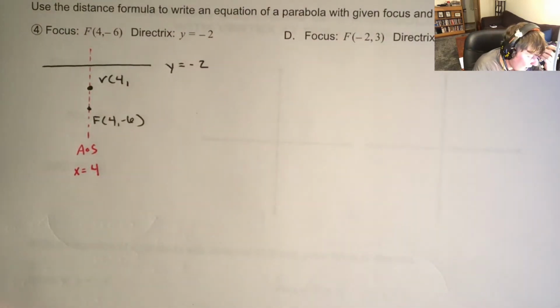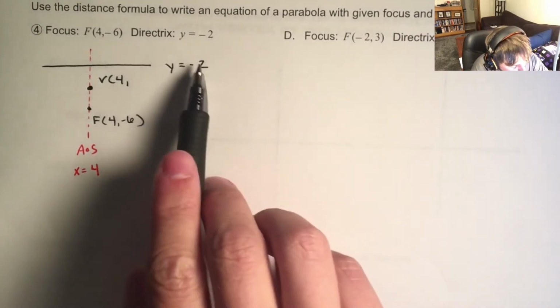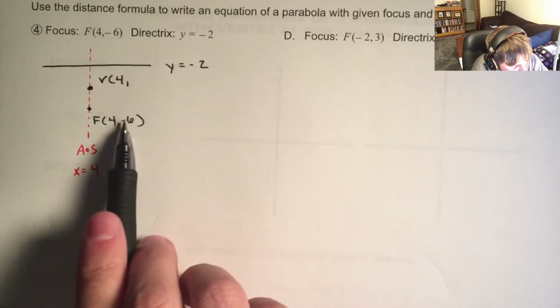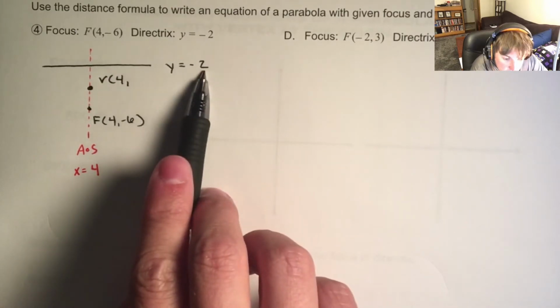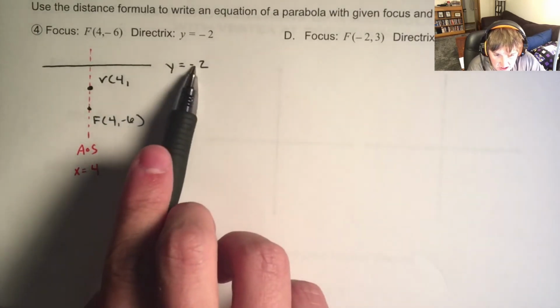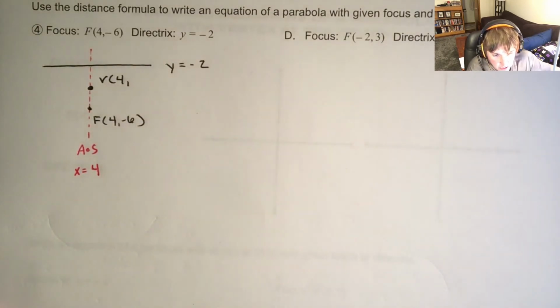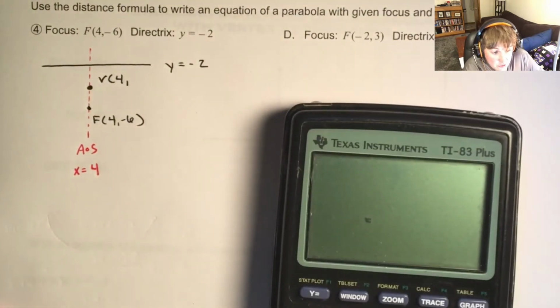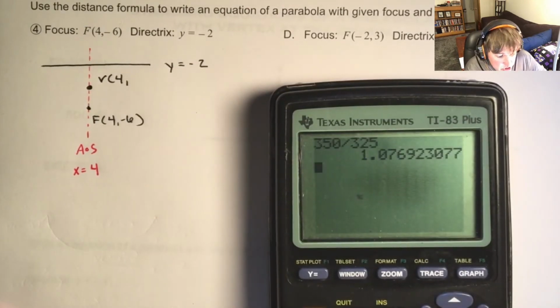And then the y value of what? Again, we're looking for the number exactly in between -6 and -2. So you just want to average these two numbers. What's the average between these two numbers? Well, it would be -6 plus -2 divided by 2, which is -4. -4 is the number directly in between those two numbers.